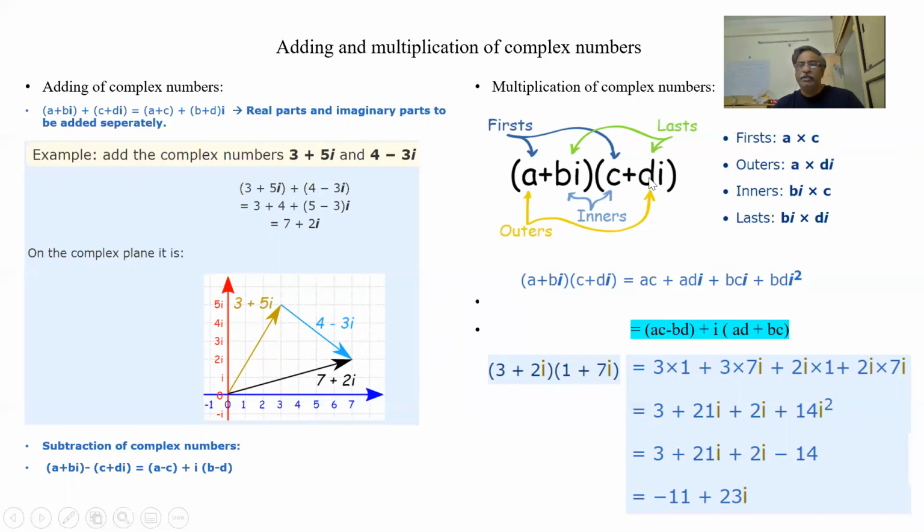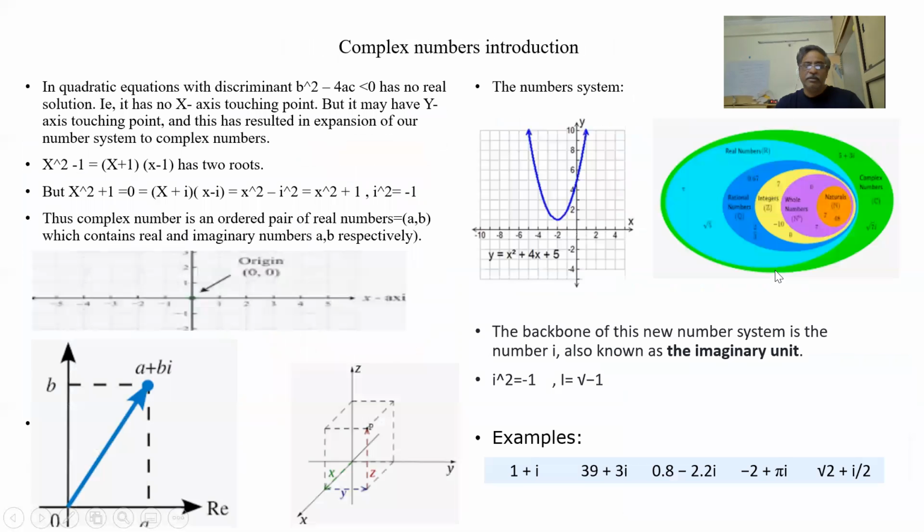Simple, a linear multiplication. In place of x, I am putting i. Since we know i square is minus 1, this is the fundamental definition of i square.